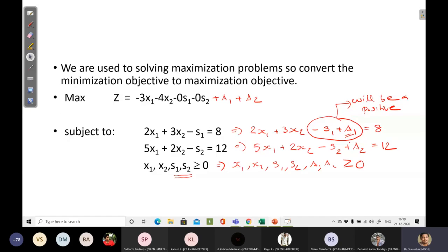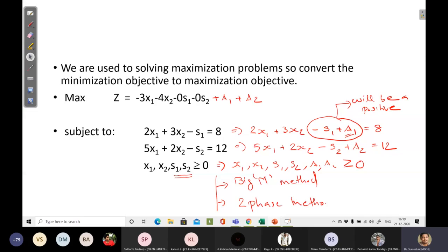So if an artificial variable comes into your simplex model, there are two approaches for problem solving. One is called the Big M method, and the next one is called the two-phase method.